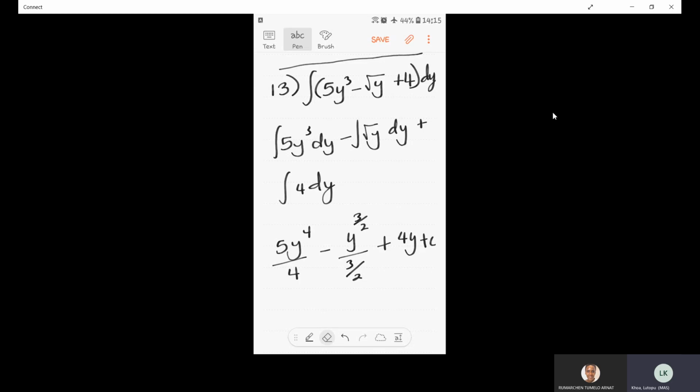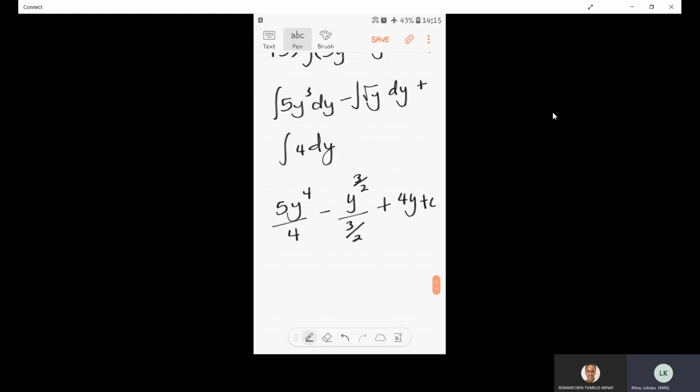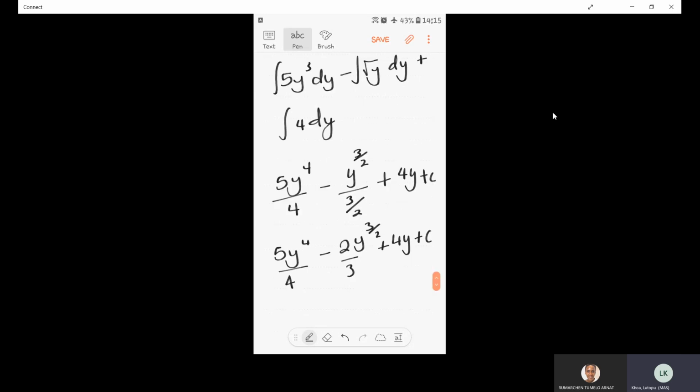So you don't need to say constant here, constant there, and then another constant. This constant represents the sum of all the constants that come from each of them. So simplifying this, we just have 5y to the power of 4 over 4 minus 2y to the power of 3 over 2 divided by 3, and then plus 4y plus c, and then that is it.